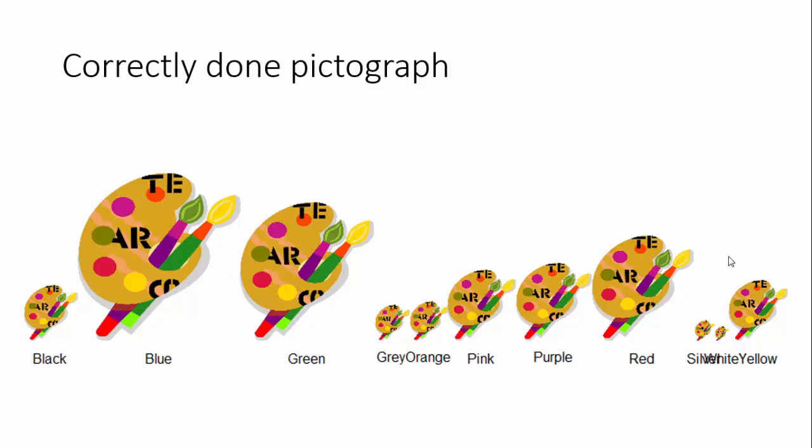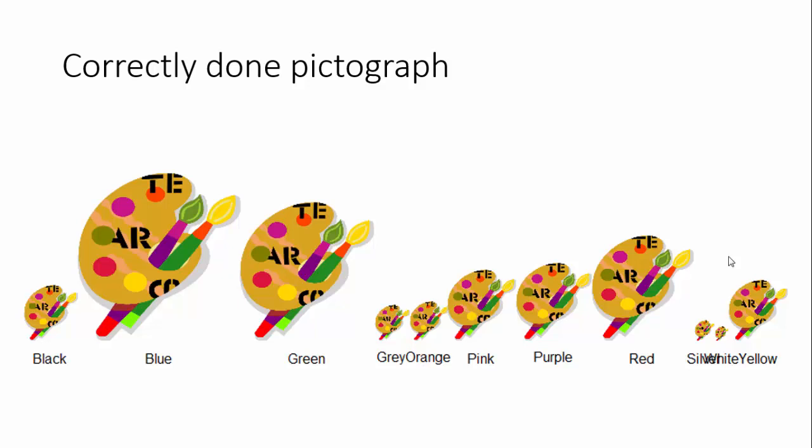This is actually a correctly done pictograph where each of the palettes has been grown, but just in the height and the width the right amount, so that you can see that red is a little bit less than half as big in area as blue, and black looks not teeny tiny, but it's small, and so forth and so on.